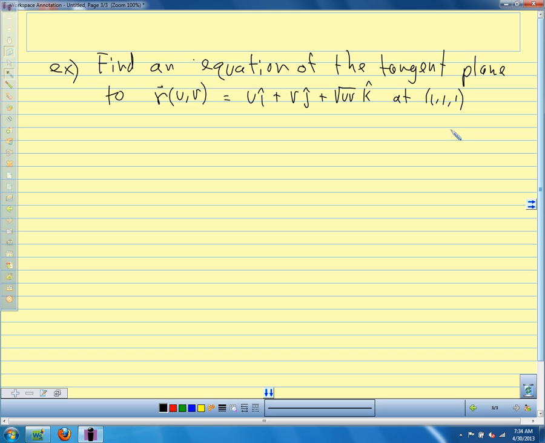So here's our surface, and we want the equation of the tangent plane to this surface at the point 1, 1, 1. So what do we need to write our equation of our tangent plane? We need a normal vector, and we find the normal vector by finding our partial derivatives, right? So we need to calculate R sub u. So what is R sub u going to be?